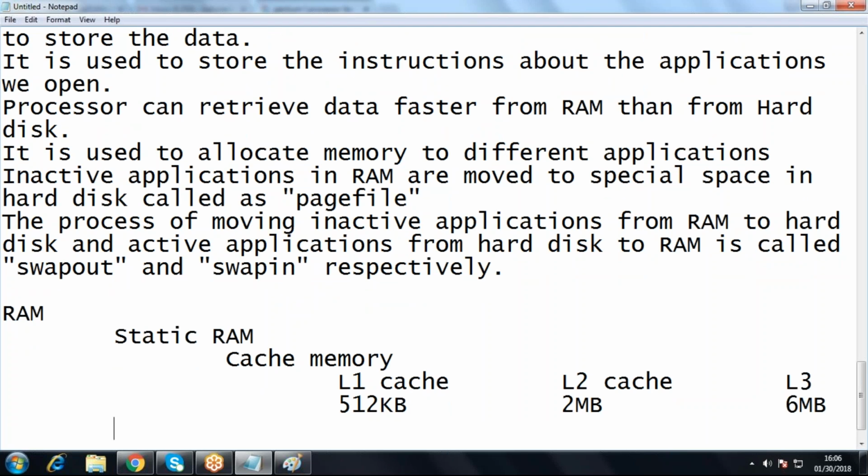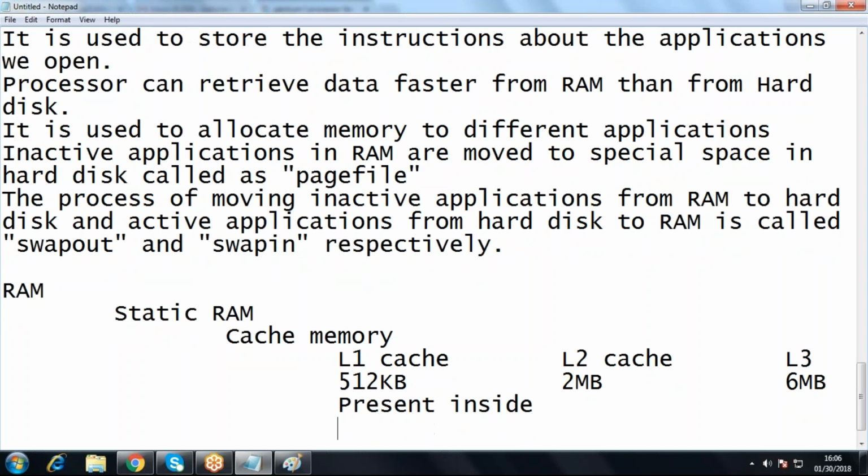Now, where are they present? Inside the processor.